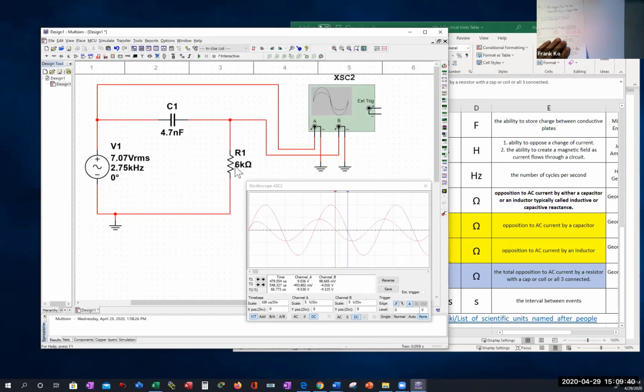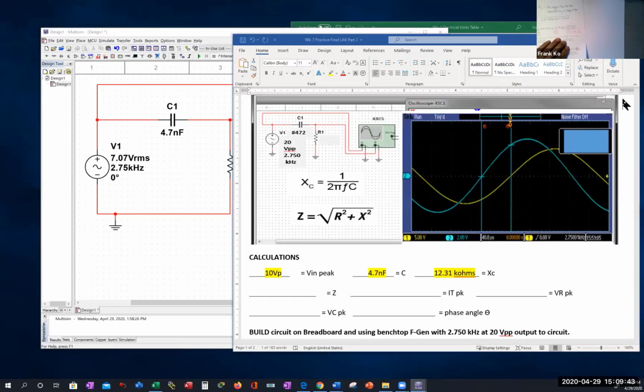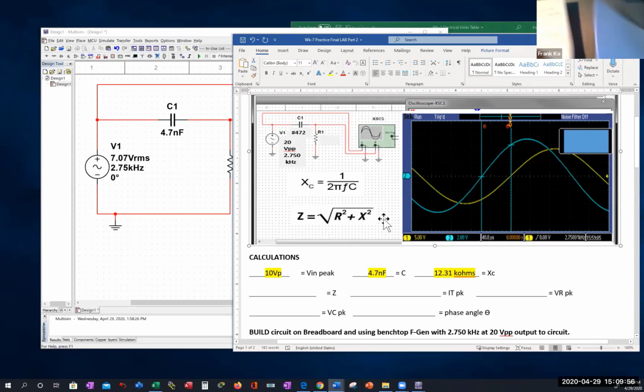Well, these ohms are calculated very specifically in a different fashion using this particular formula. For those of you who don't remember, this formula is the Pythagorean theorem. And the Pythagorean theorem works this way. So let's go ahead and help you out with this here. Let's give you the short version, and then we'll give you the more detailed discussion in a little bit. So let me go off the share screen. I need some of these values though.